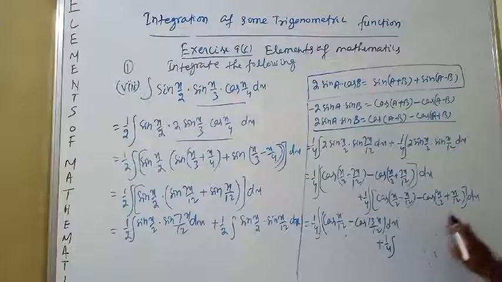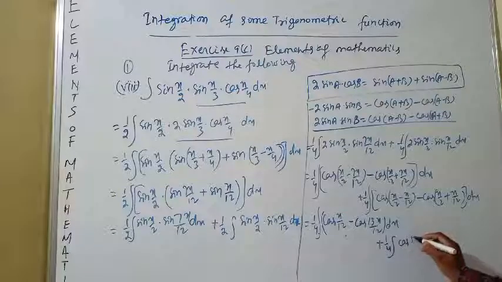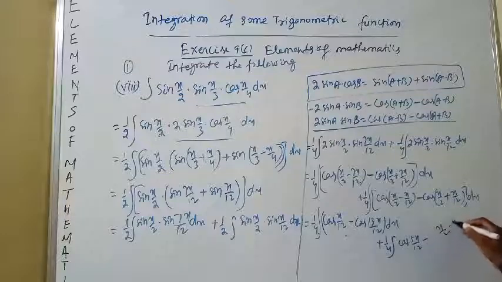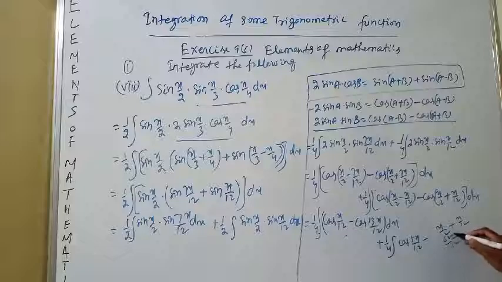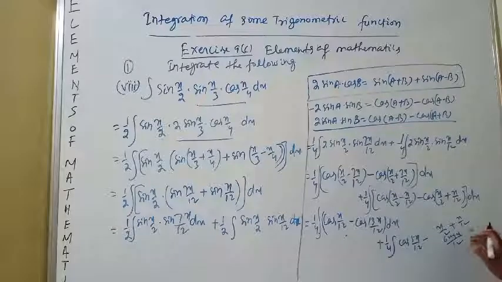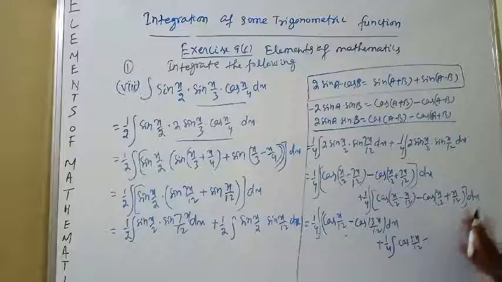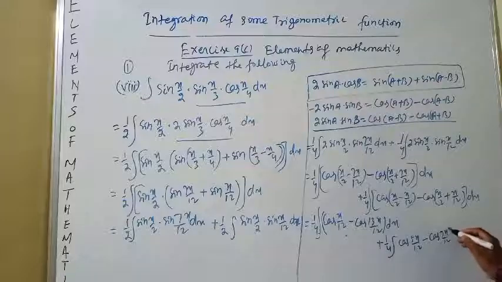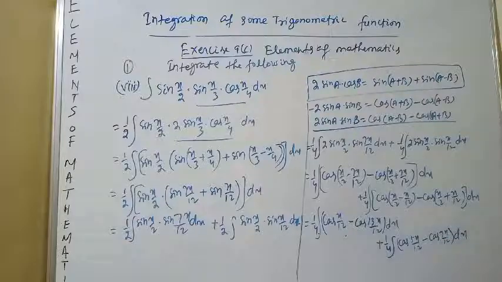Here you write cos 5x by 12, minus, here you see x by 2 plus x by 12, LCM is equal to 12. This is 6x plus x, 7x by 12, cos 7x by 12 dx. Okay, pause the video, note it down.